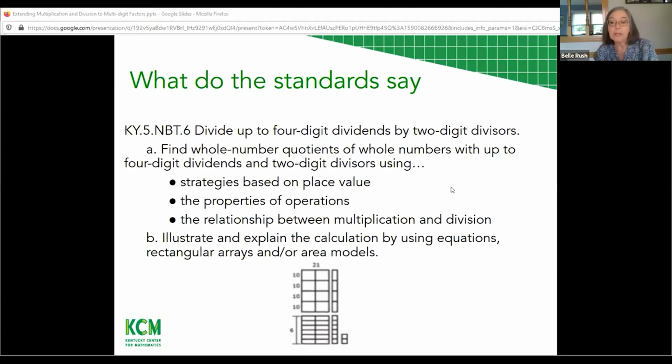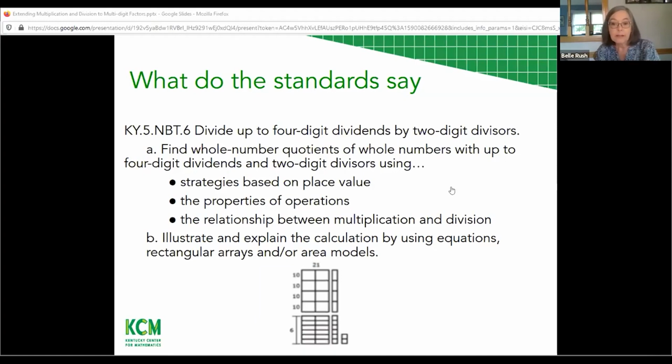In 5th grade, they're building on what they have learned in 2nd, 3rd, and 4th grades. They're making lots of connections, and they're using pictures and equations, rectangular arrays, and concrete models.